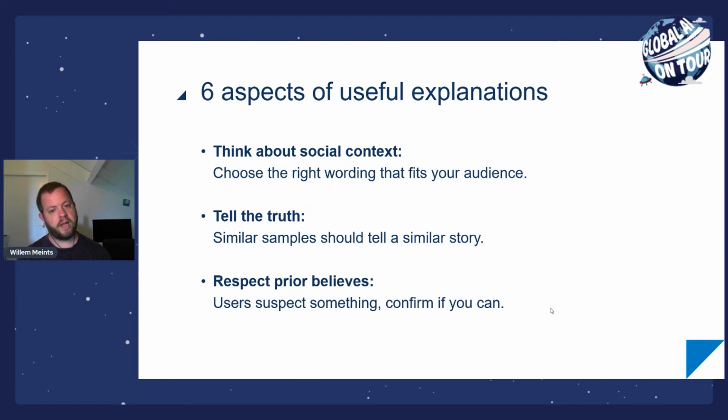The fourth aspect that is important in terms of explaining AI and explaining models to customers is think about social context. Choose the right wording for explaining behavior. So anybody who's used Grammarly, for example, what they do is they make a prediction to the user and they say, consider using this, or this.